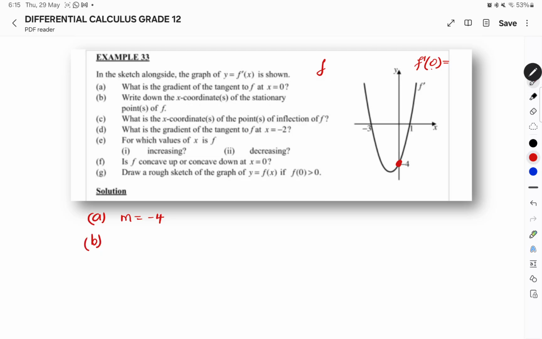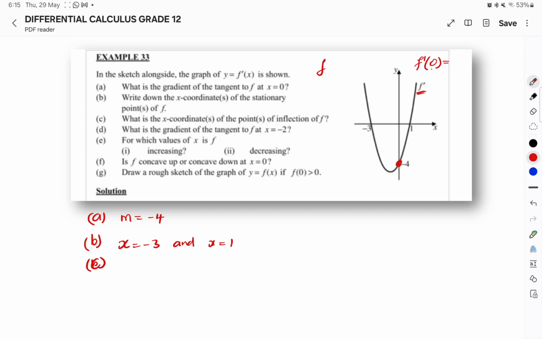Write down the x coordinates of the stationary points of f. Remember, if this is the graph of the derivative, the x-intercepts are the x coordinates of the stationary points of the original function. So therefore x equals -3 and x equals 1. Number C, what is the x coordinate of the point of inflection of f?